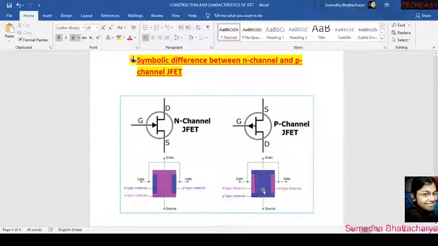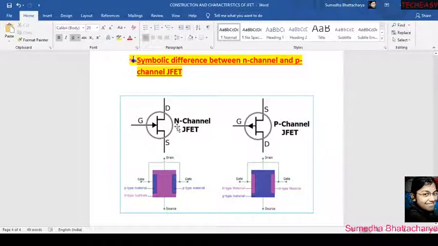Okay. Now just consider only this region, for the trick to remember. Then always remember that the arrow will go from P to N. Always, in any case, the arrow will go from P to N.